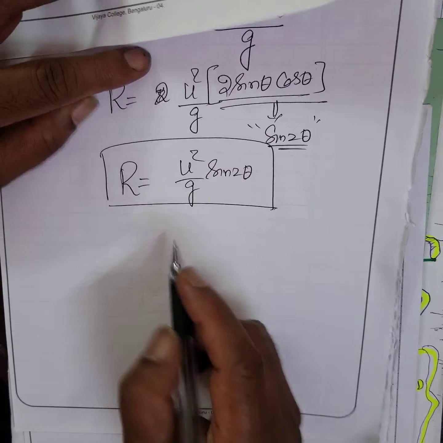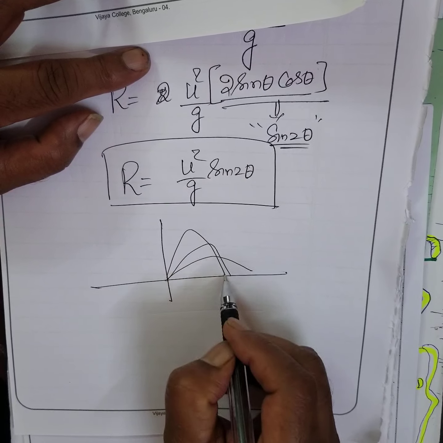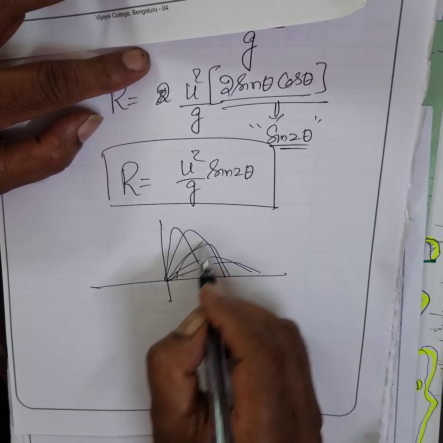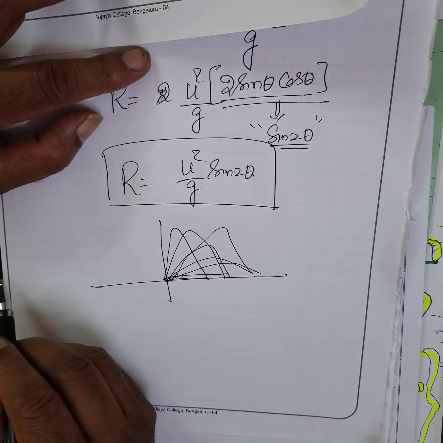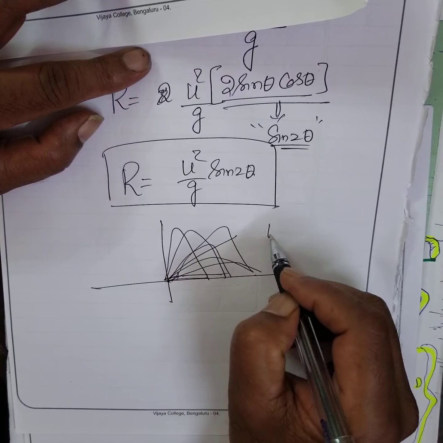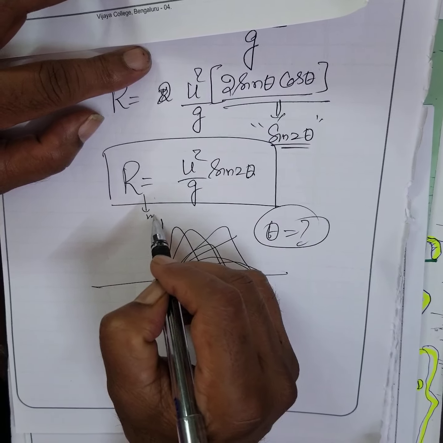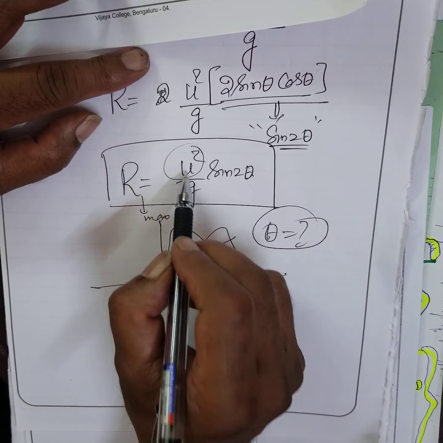Now the angle of projection differs, right? This is 10 degree, 20 degree, 30 degree, 40 degree and all. For different angle, different range. Range depends upon the angle. At what angle do I have to project so that range should be maximum? That is the condition. U is constant. Initial velocity is constant.